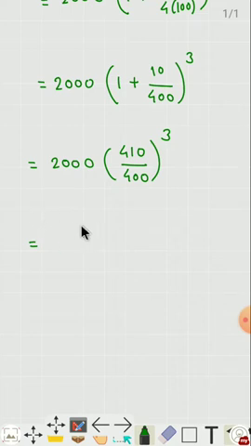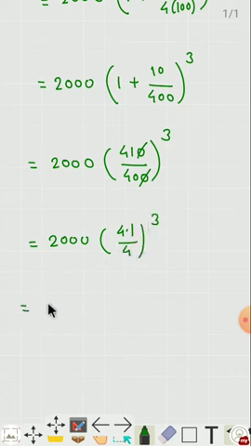See here, it is 2000 into bracket. This calculation I would like to do like this: the 0s get cancelled, and to cancel this 0 we write 4.1 divided by 4, to the power 3.